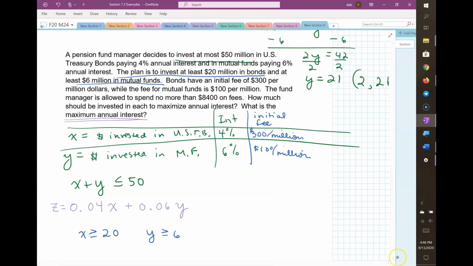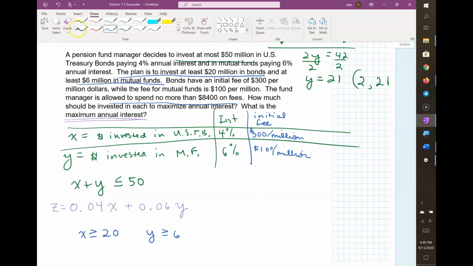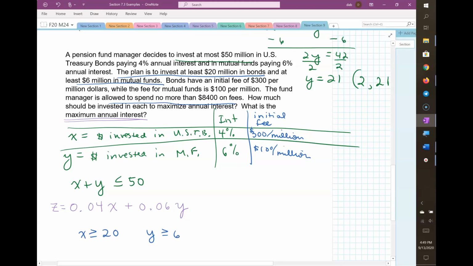So I also have a limitation on fees because the manager is allowed to spend no more than $8,400 on fees. So let's write that as an inequality of $300 per million times X, because X is in millions of dollars, and then we don't have to write so many zeros. And Y is in millions of dollars.